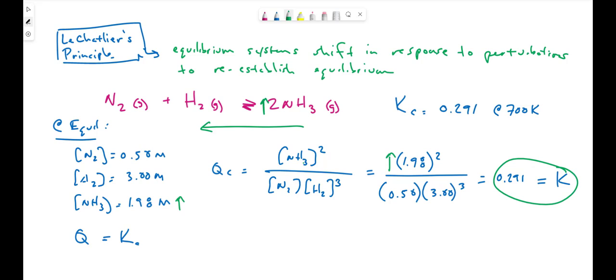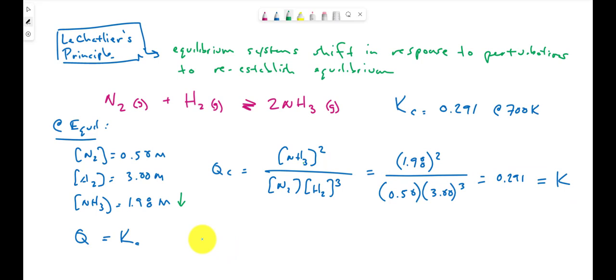And so by deduction, we can say, well, if we add more products to the system, then the whole equilibrium is going to shift to destroy some of that excess, create more of those reactants to reestablish that equilibrium ratio that's defined by K.